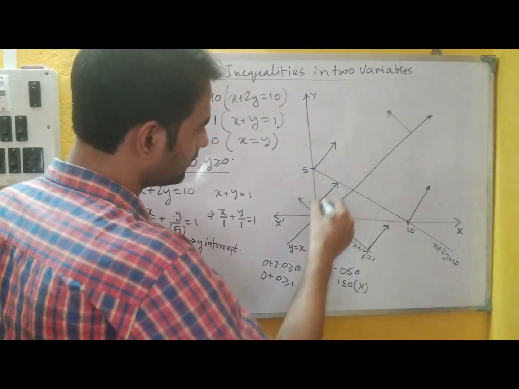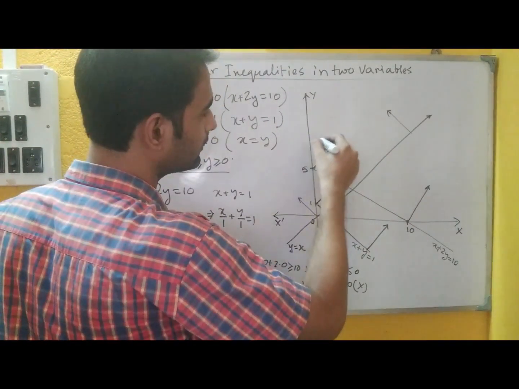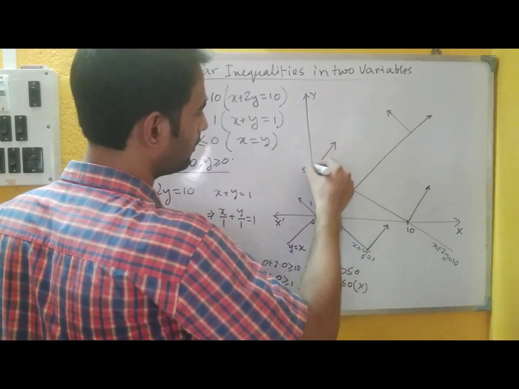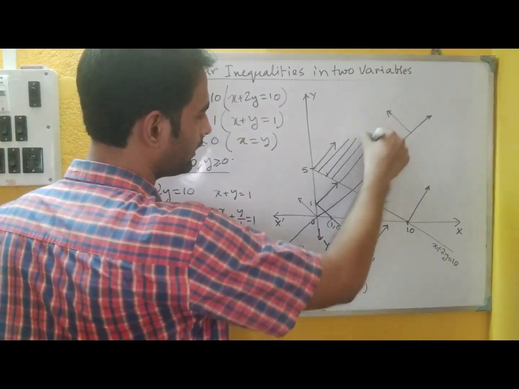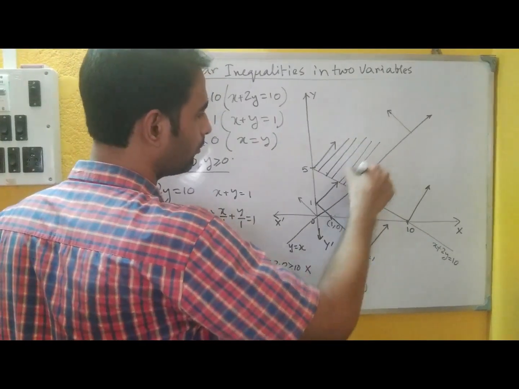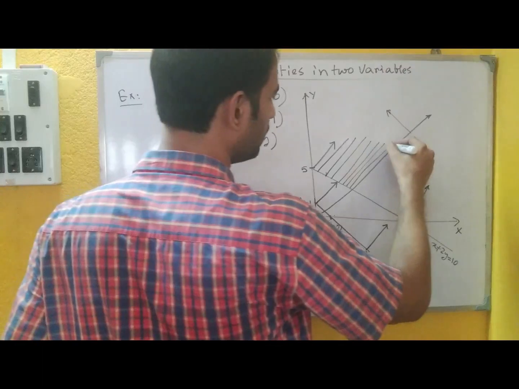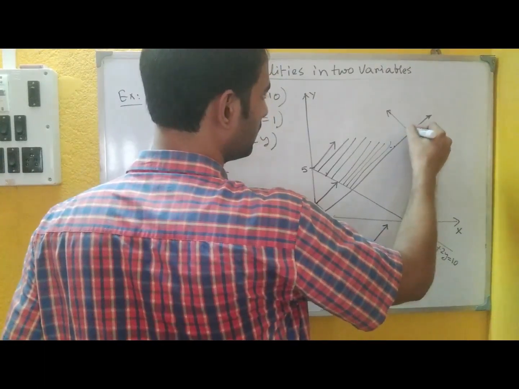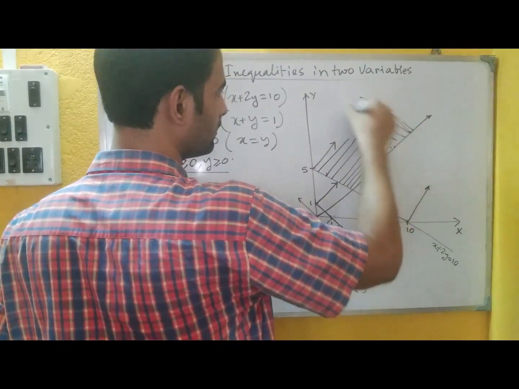So see, the region is like this. All the points in this region, we are taking this region because this is the common region with line 1 and 2. All the points which are also above the line y equal to x.